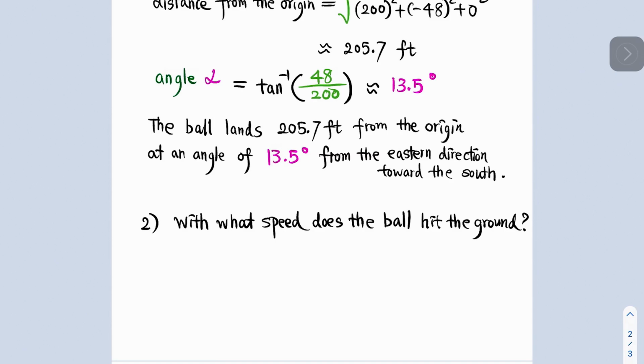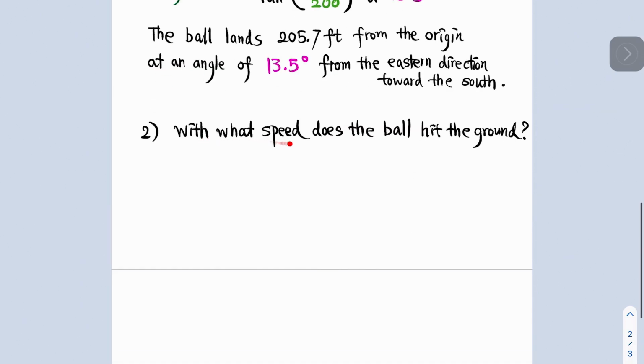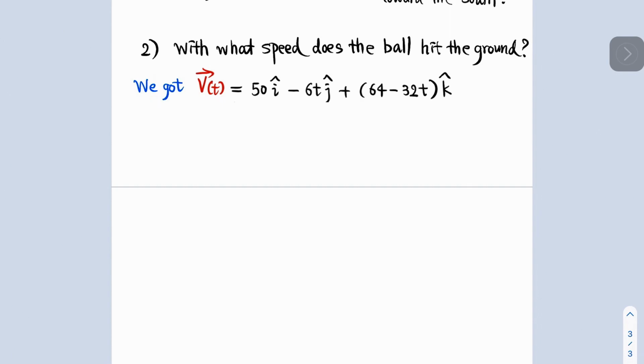The second part of the question asks, with what speed does the ball hit the ground? Since we already have the velocity function, to find the speed when the ball hits the ground, we just need to find the magnitude of the velocity at the time that the ball hit the ground, which is 4 seconds. Substituting 4 for t, the velocity vector is 50i minus 24j minus 64k.